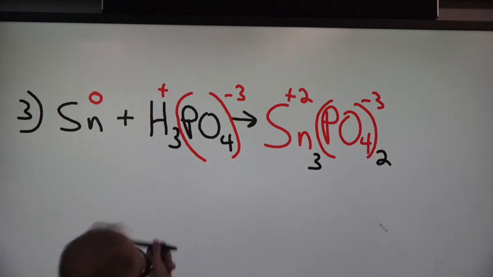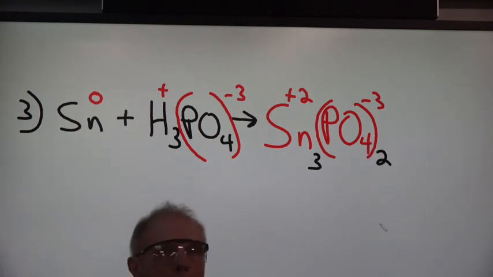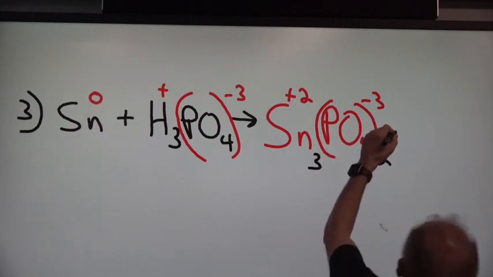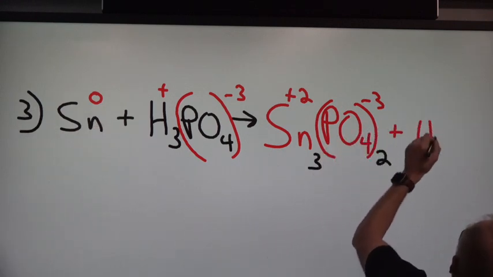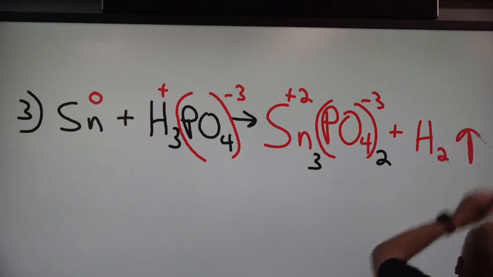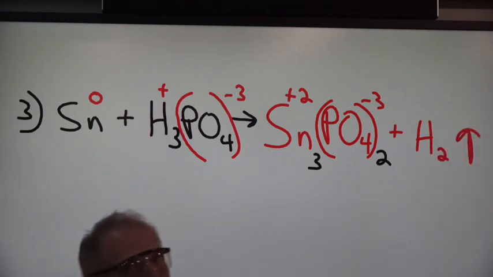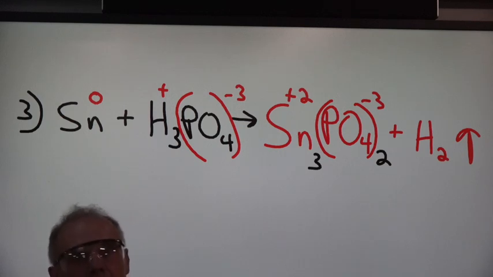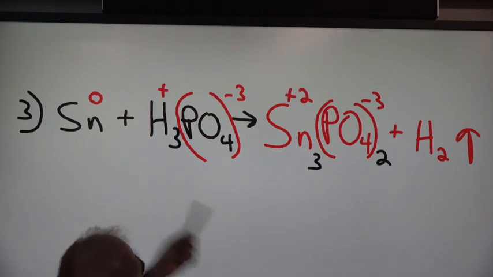All right, so that's what that looks like. And now always, if the metal is above H2, you get H2 gas. But remember, we won't get very much H2 gas because tin is getting very close to H2 on reference table J.